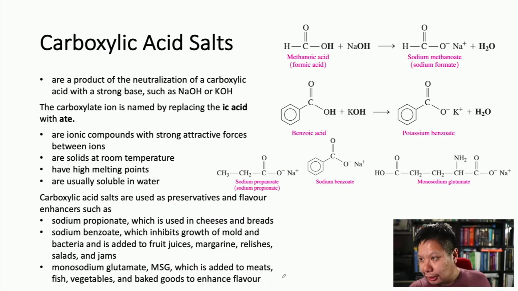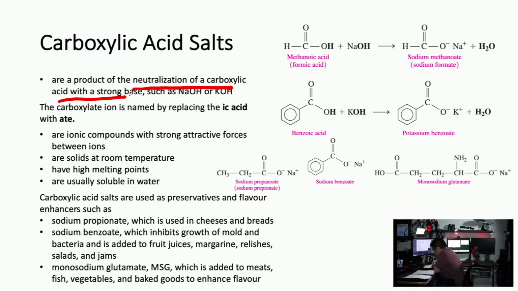So let's talk about those acetate ions, also known as carboxylic acid salts, right? They're produced, like I said before, when you get the neutralization of carboxylic acids with a strong base. This time, instead of using water as our base, we're using sodium hydroxide or potassium hydroxide. When you do that with methanoic acid, add in sodium hydroxide, what do you get?